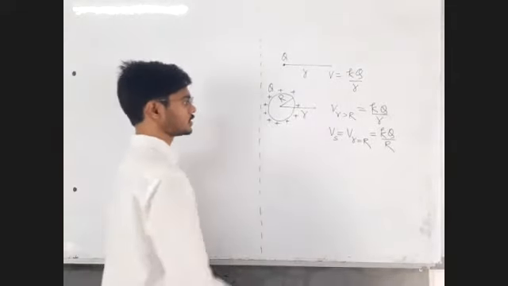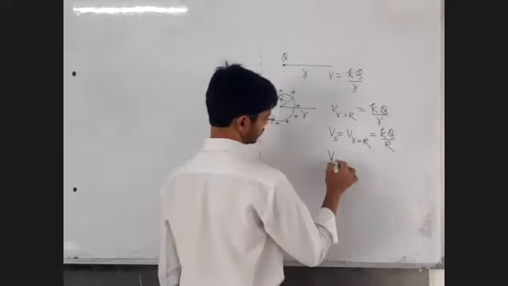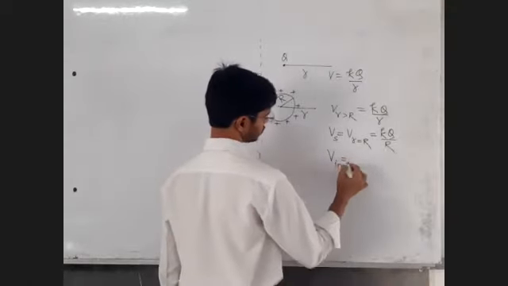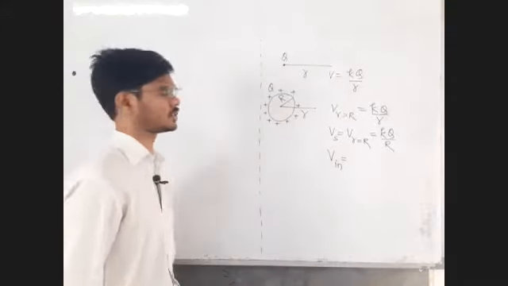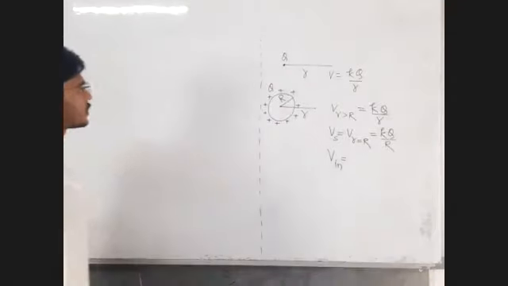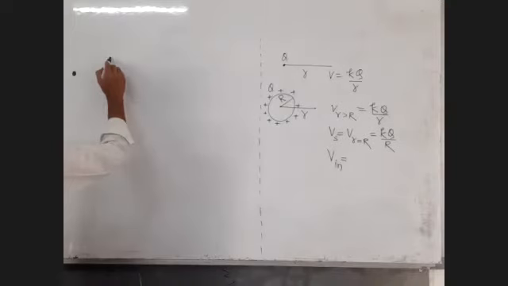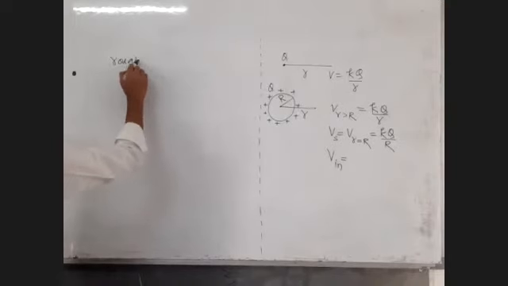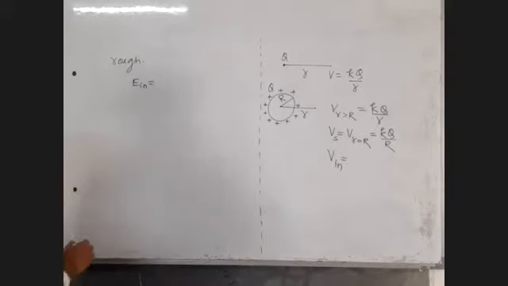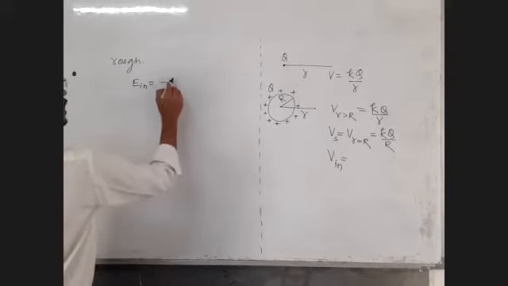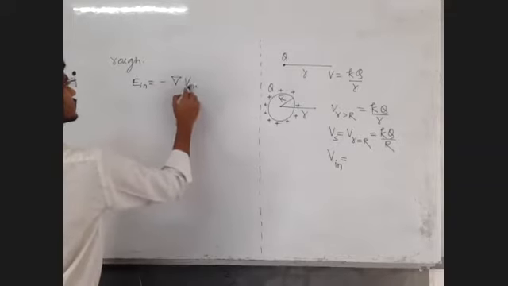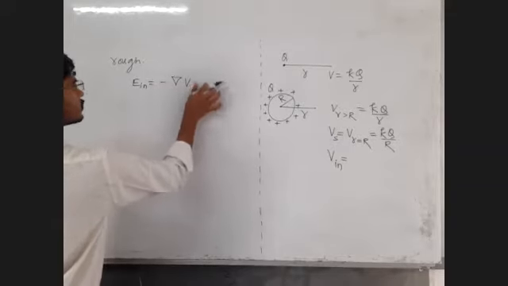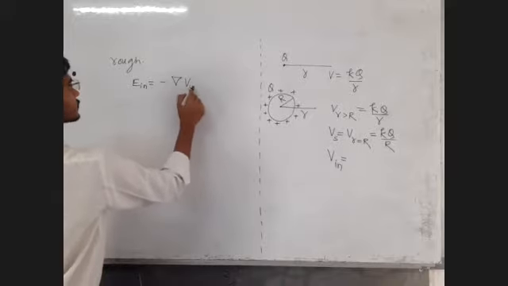Third formula is inside potential. Now you will say, sir, inside the spherical shell electric field is zero. Yes, inside the spherical shell electric field is zero. So I can write inside electric field at any point is equal to minus grad V, the negative potential gradient.